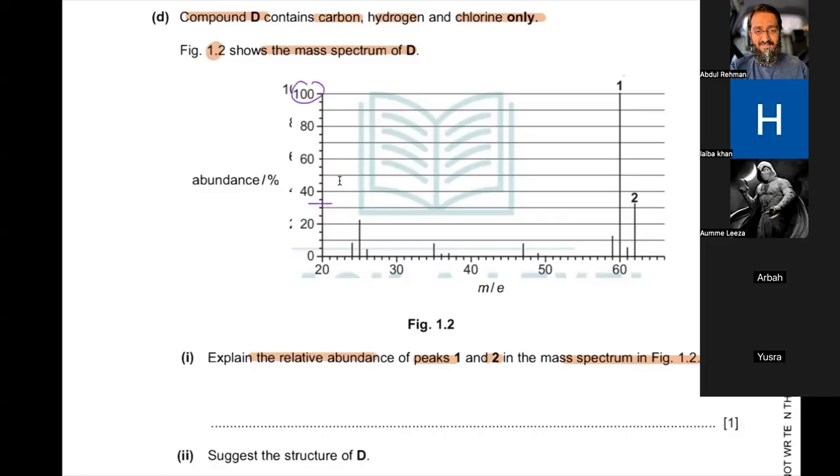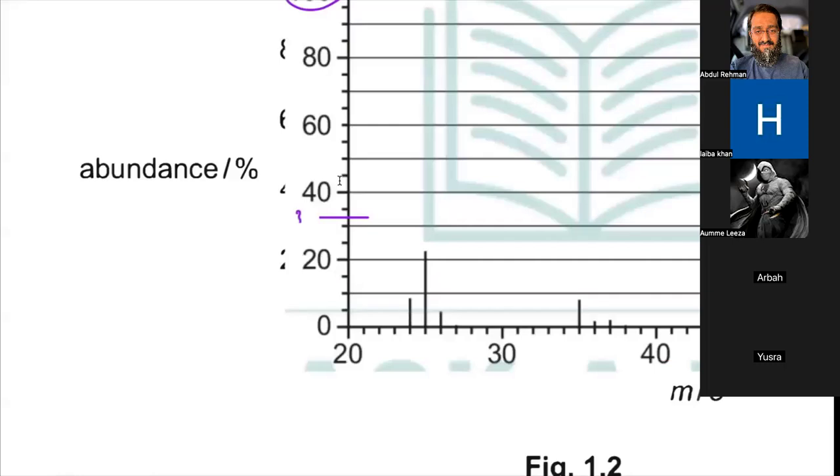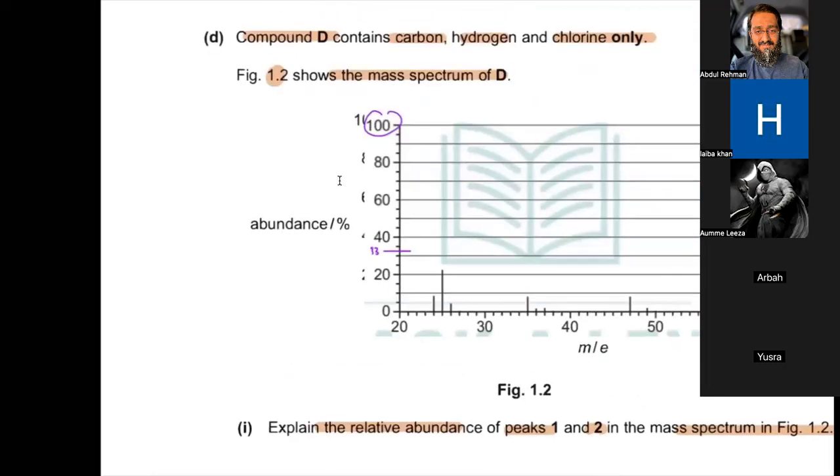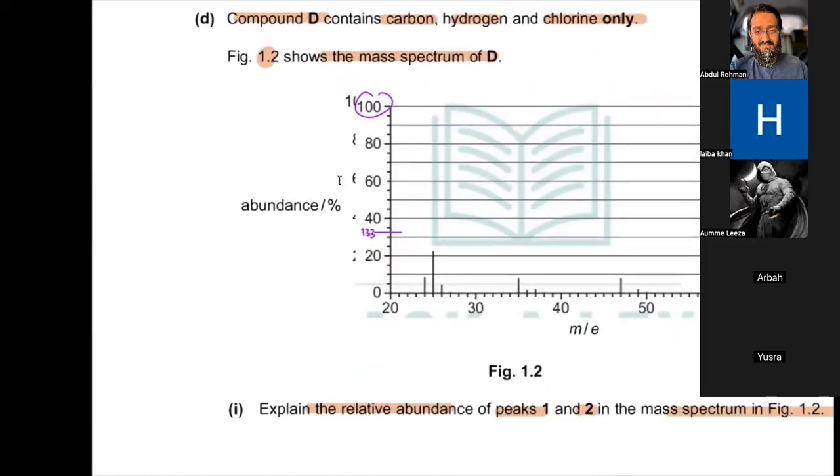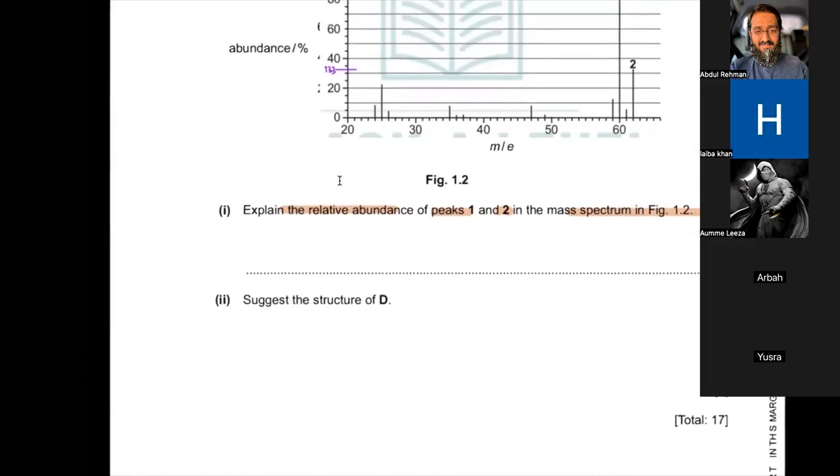It's around 33.3. So their ratio is 100 to 33.3, and if you simplify it, it is going to be 3:1. Is this clear to all of you?